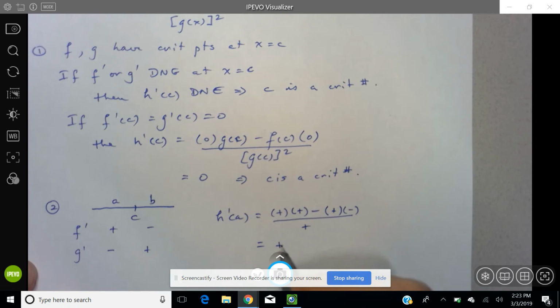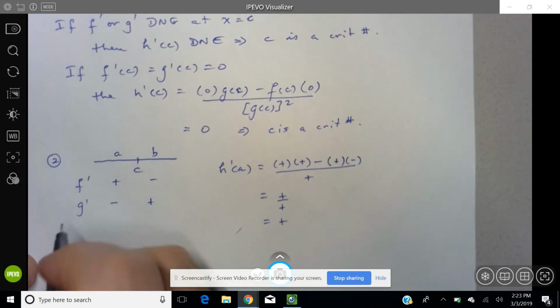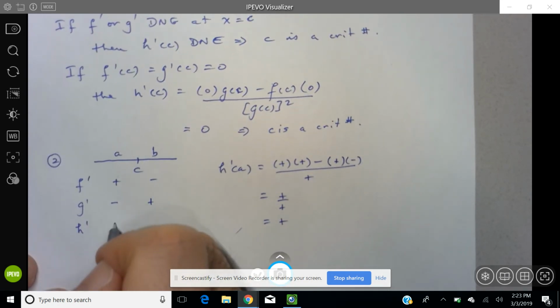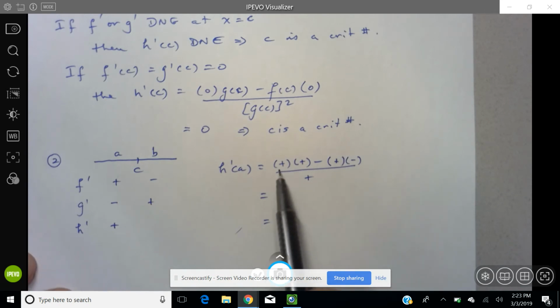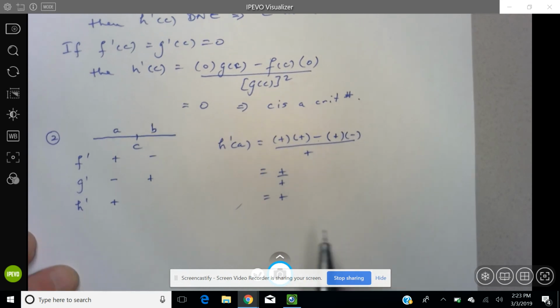That whole thing is going to end up being positive over positive. So H prime at A is going to be some positive number. So if I look at H prime, it's positive to the left of C. All right, so again, just to repeat, I know this first expression must be positive, and I'm subtracting a negative number. So that's like adding a positive number.